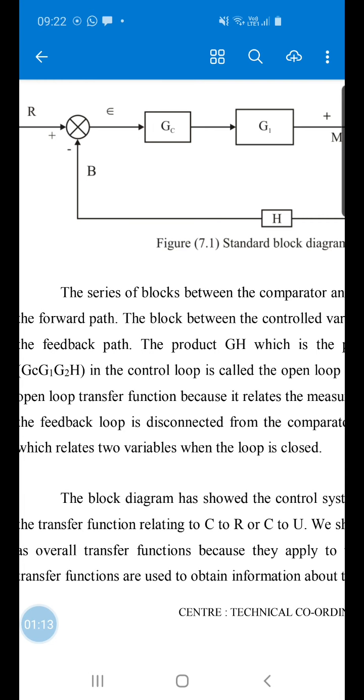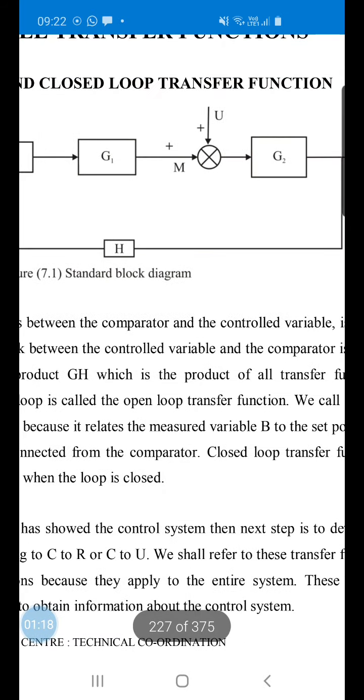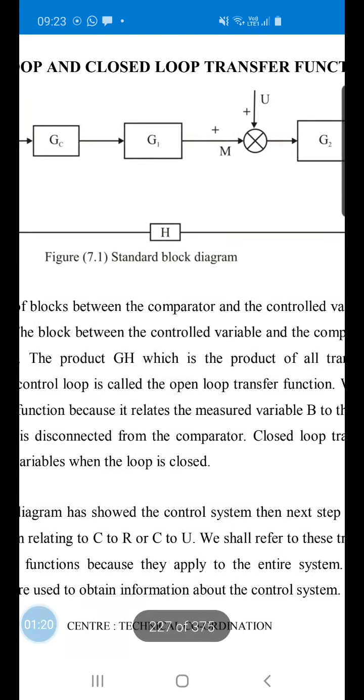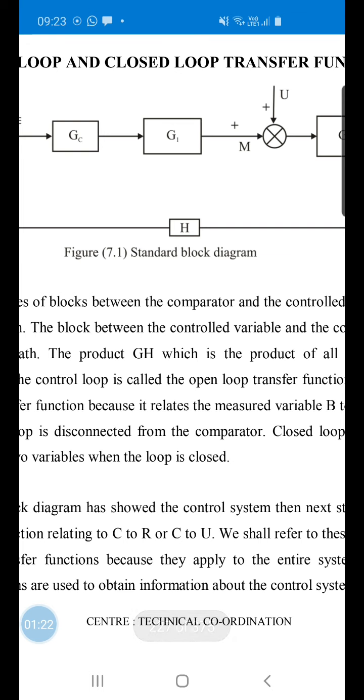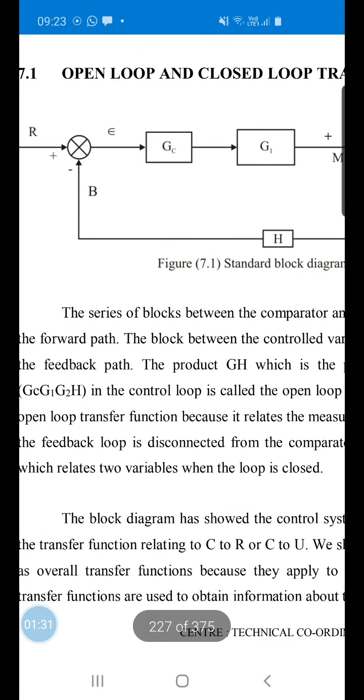The series of blocks between the comparator and the control variable, meaning Gc, G1 and G2, is called the forward path. The blocks between the control variable and the comparator are called the feedback path.